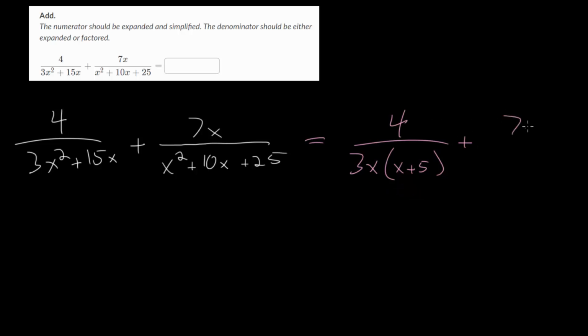For the second one, you have x squared plus 10x plus 25, and we're going to rewrite this as a product of two binomials, but you might also recognize this as a perfect square of binomials. And the first term in each would have to be x, since we get x squared here. And the last terms, we know that this number and this number are going to multiply to 25, and they're going to add to 10.